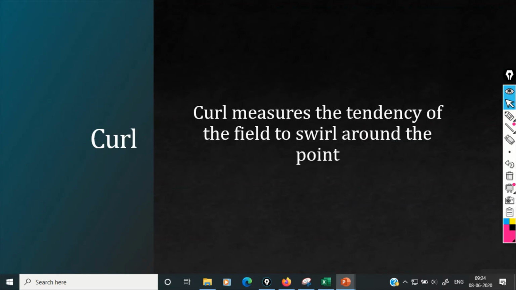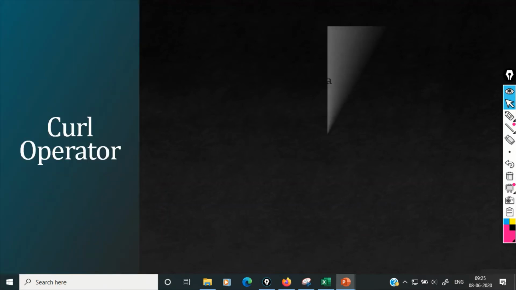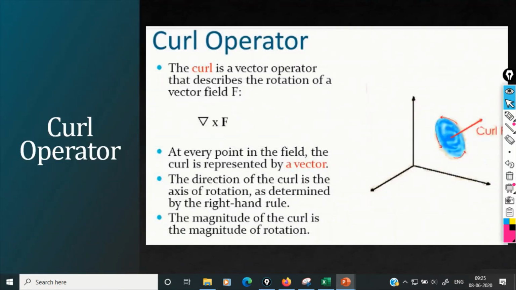So, what is a curl? Curl means the tendency of the field to swirl around the point. It is rotational motion basically. So the curl operator is described by the equation del cross F. It basically describes the rotation of the field F. At every point in the field, the curl is represented by a vector.